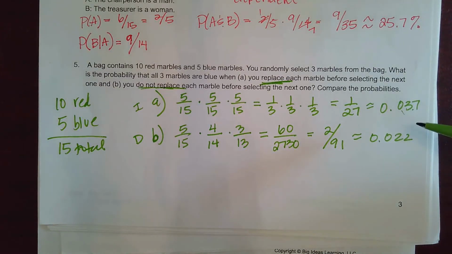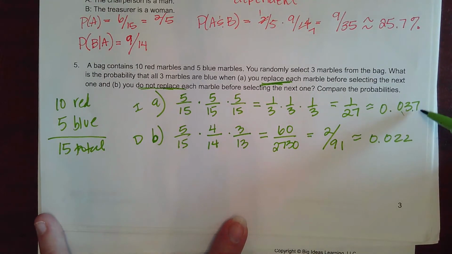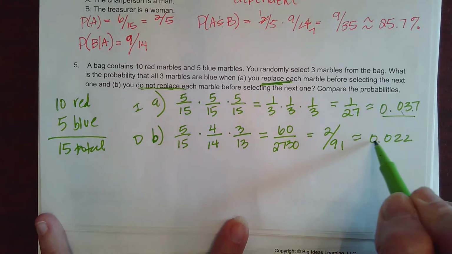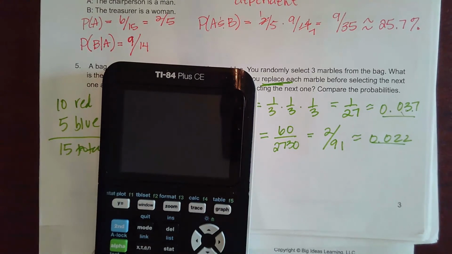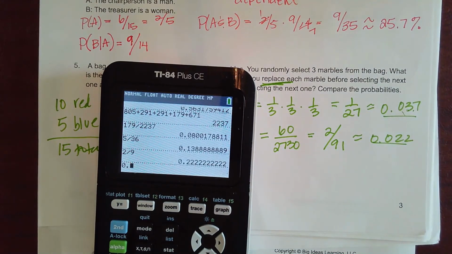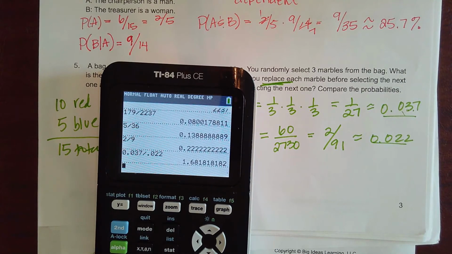However, there is a slightly higher probability if it's an independent event, when you replace the marble. So what we want to do is figure out how many times greater this is than that. So if I do, how many times greater is this than this, I'm going to divide 0.037 by 0.022, and I get about, we'll round that to 1.7.